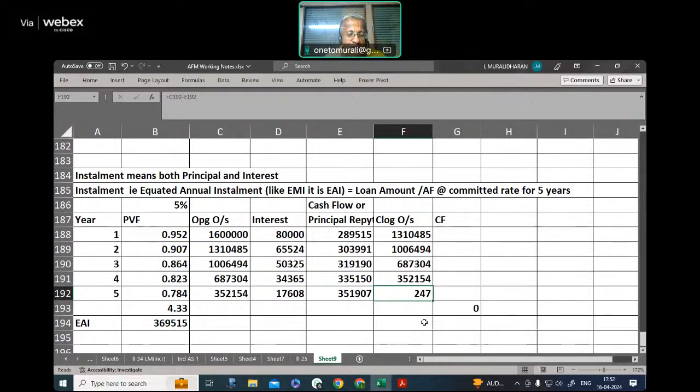So now let me find out how we can arrange that 247 to be adjusted against interest. So one moment. 369,515 minus 351,907.